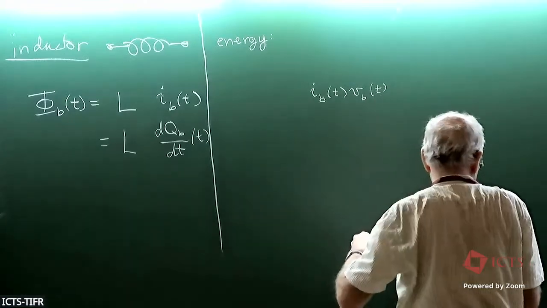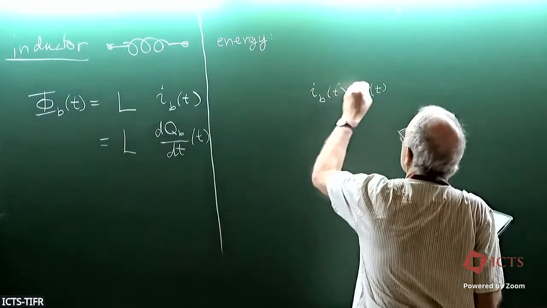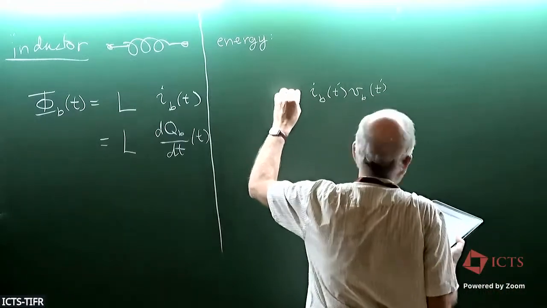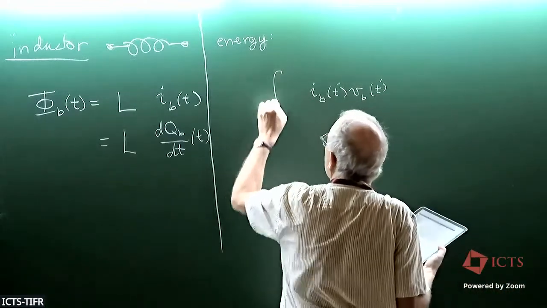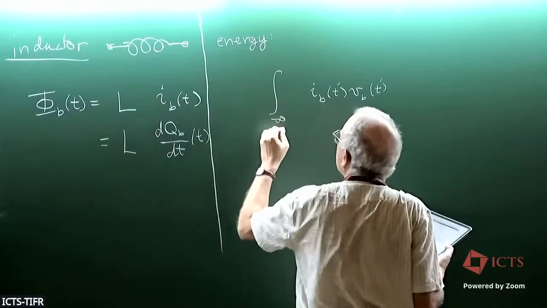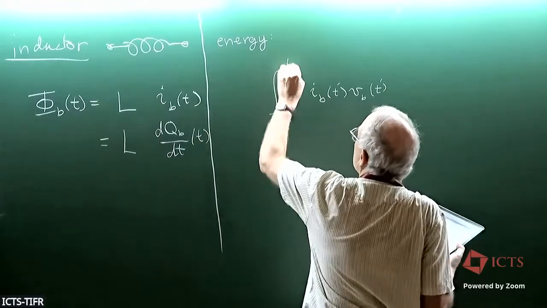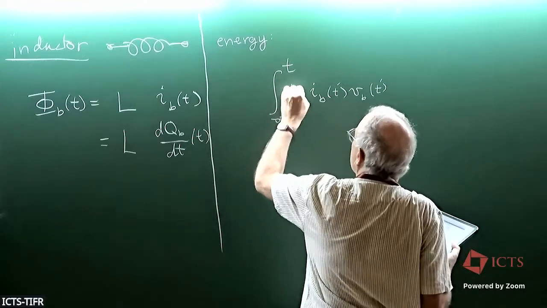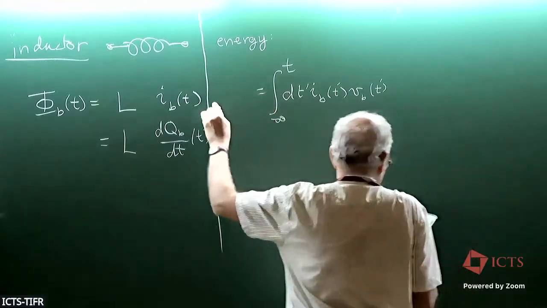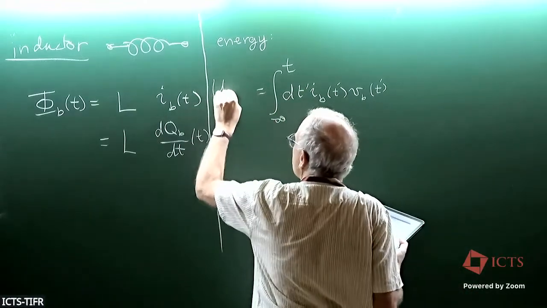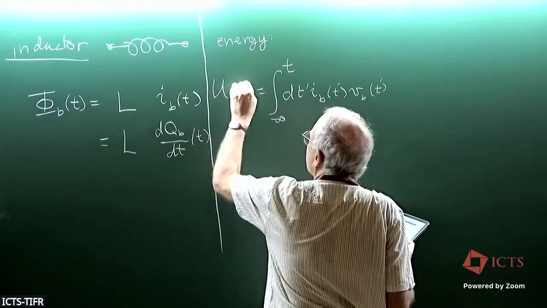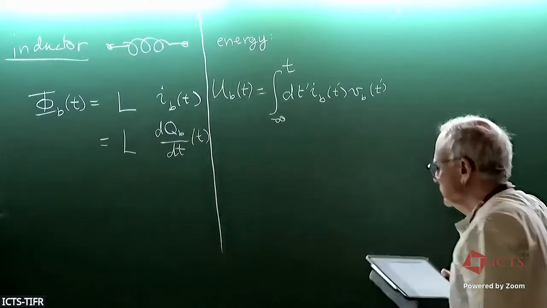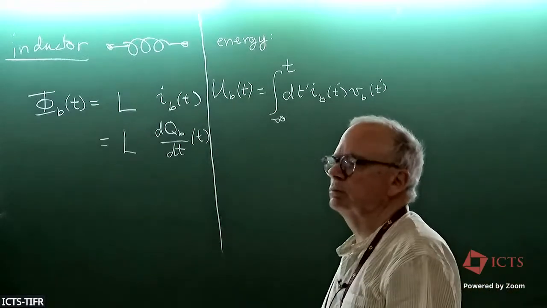But in this setting, I do this and I integrate, I just keep track all the way from the beginning of time till now, dt prime. And that will be, by hypothesis, the energy. You can give arguments based on mechanics.